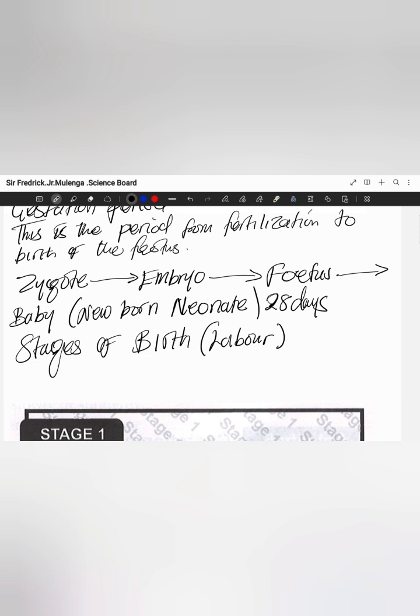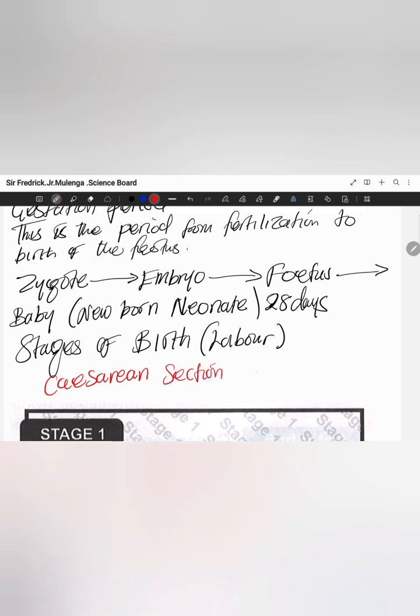We have many types of this, but for now I'll only touch on what we call cesarean, the surgical method, or section.